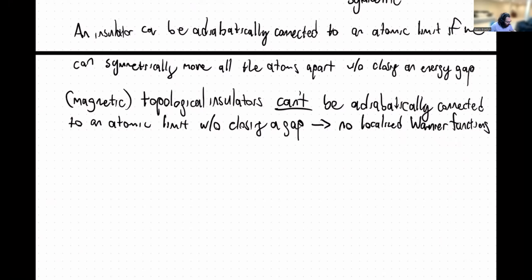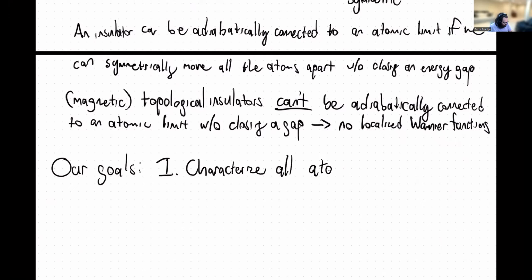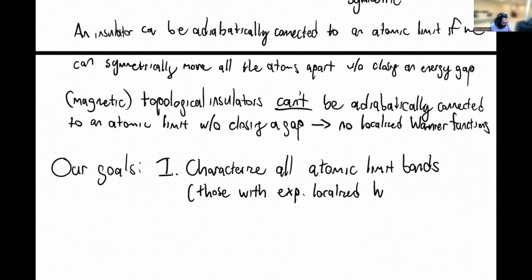So we have two goals. The first thing we're going to do is characterize all atomic limit bands, so those with exponentially localized Wannier functions, which we'll sometimes call topologically trivial bands.